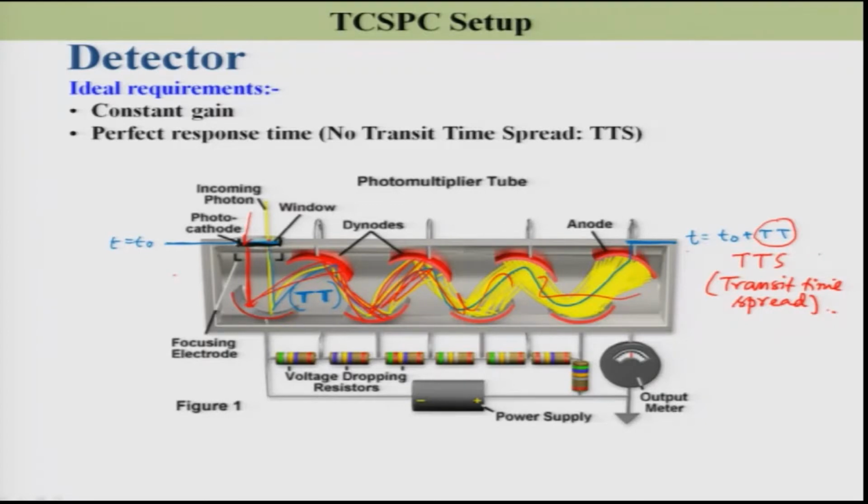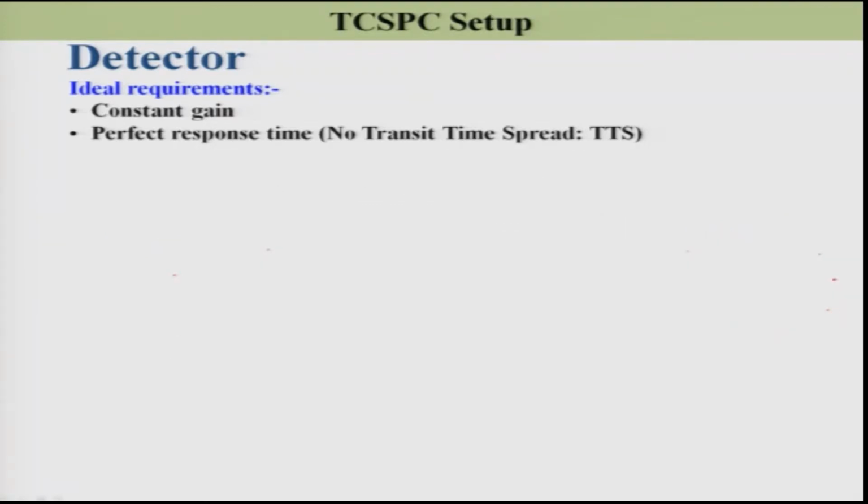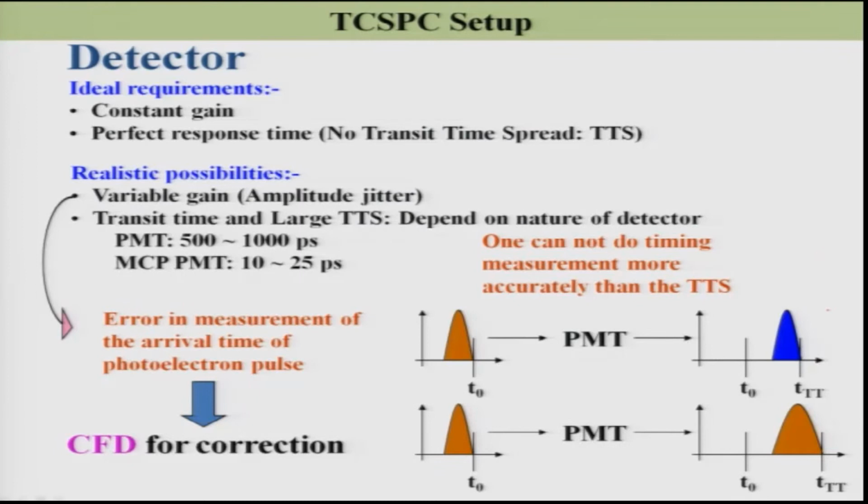Which I am trying to show you in this slide. Suppose this is my electron pulse, which is supposed to come at t 0, but because of the transit time of the PMT, I am going to get it at time t 0 plus t t.